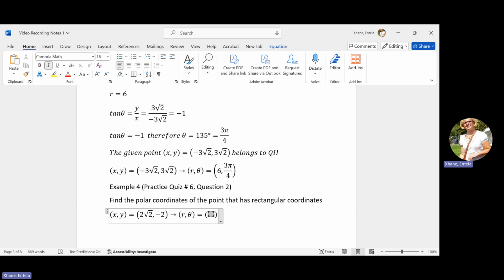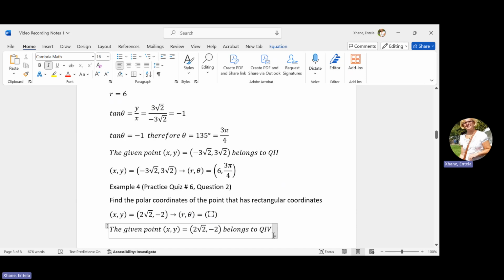Based on the given information, if you're paying attention, I have to write down the given point belongs to quadrant 4, because that's something that we are going to need. How do I know that this is quadrant 4? Because x is positive, y is negative. Points where x is positive and y negative are all points of quadrant 4.